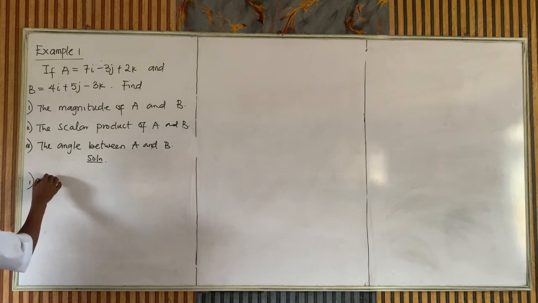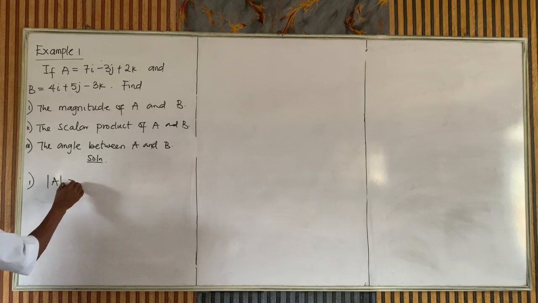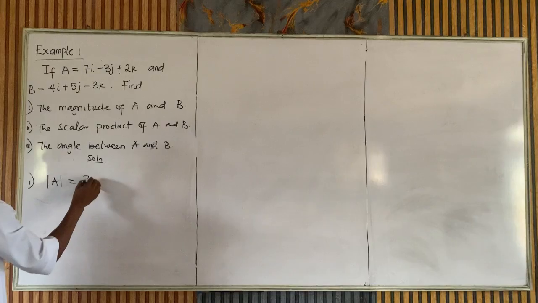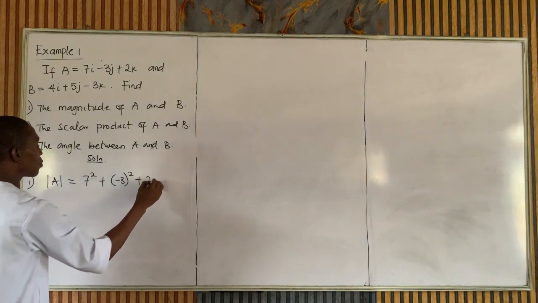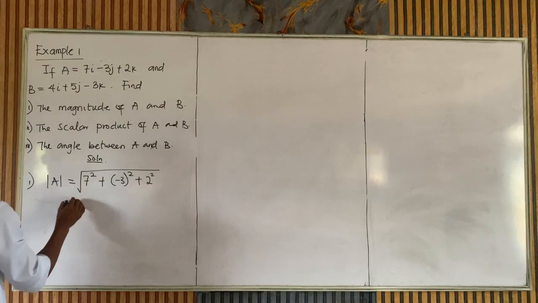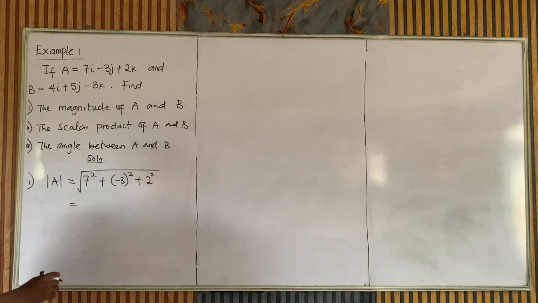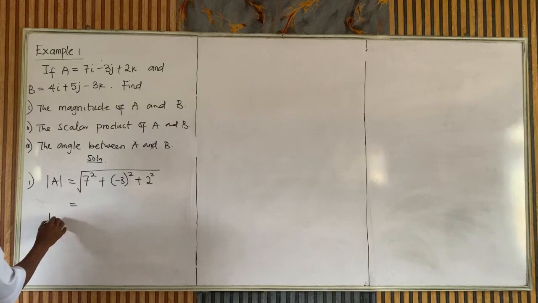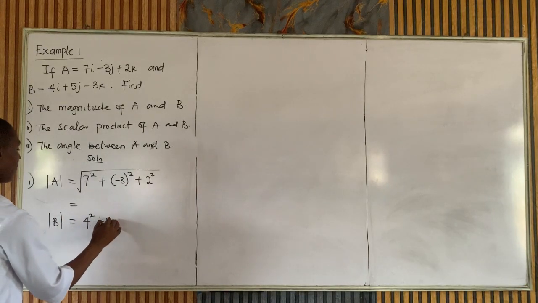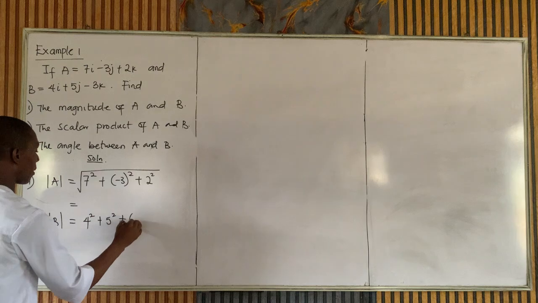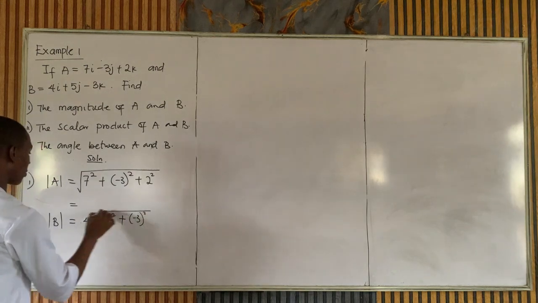First, magnitude of A. Now, that will be 7 squared plus minus 3 squared plus 2 squared, all into square root, and we'll get what this will be. I'll come back with the answer. The magnitude of B is going to give us 4 squared plus 5 squared plus minus 3 squared, all into square root.